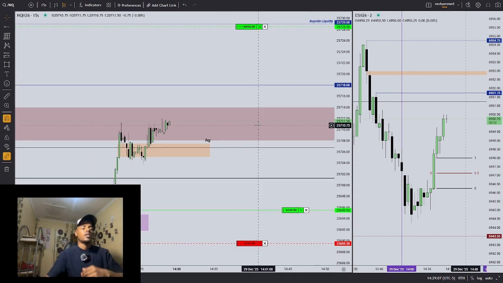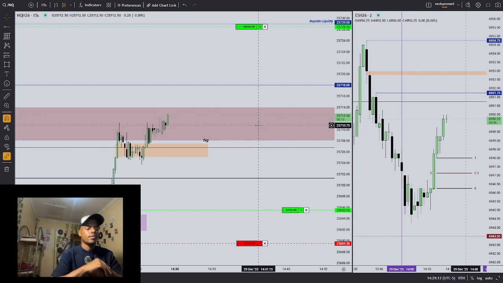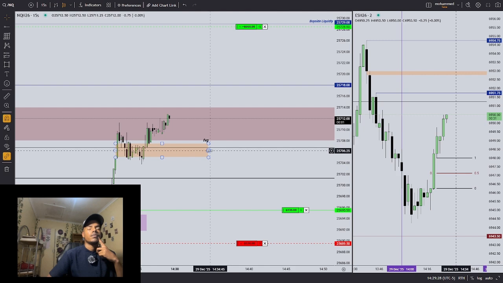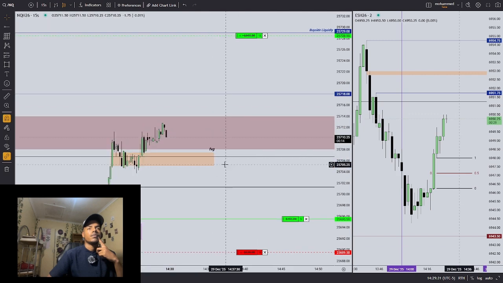As you can see, the fair value gap on the NQ that I just initially annotated, you could see that they are respecting. You can see the fair value gap is used as support, and then went right to the initial fair value gap after the opening trading gap.